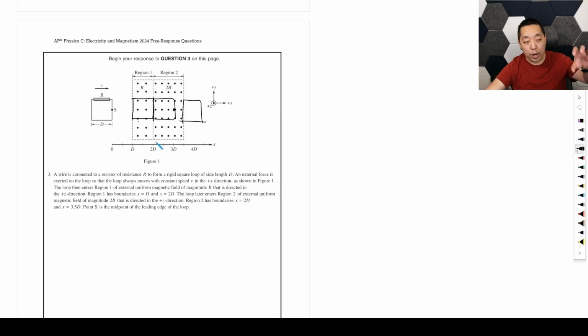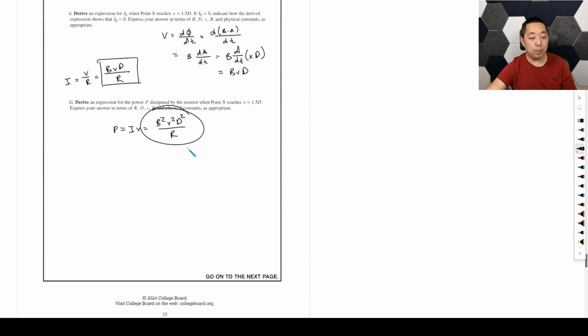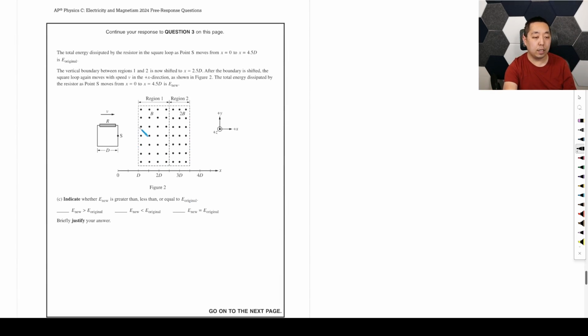Okay, so where the flux is changing is when we're generating current through the circuit in which we're dissipating power, right? So what we have to think about is, well, we're going to fully enclose in here, and then it's going to drag it through here, and then we'll fully enclose, and then we'll fully pull out. I think it's going to stay the same.